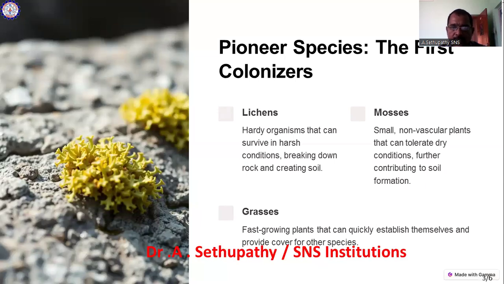These two are the primary elements of the first colonizers. Then grasses, fast-growing plants that can quickly establish themselves and provide cover for other species.